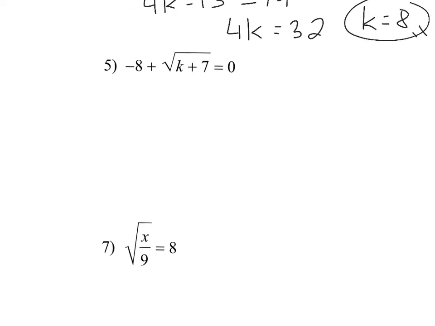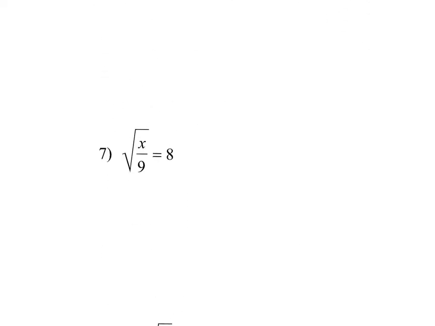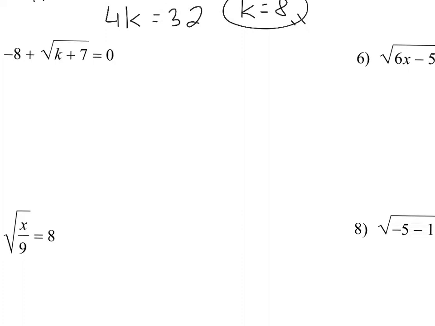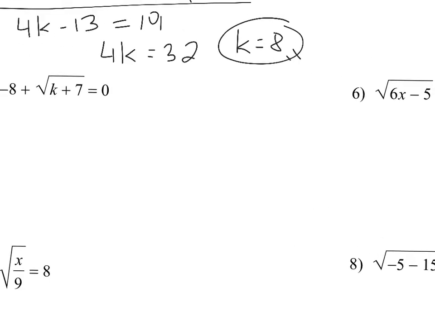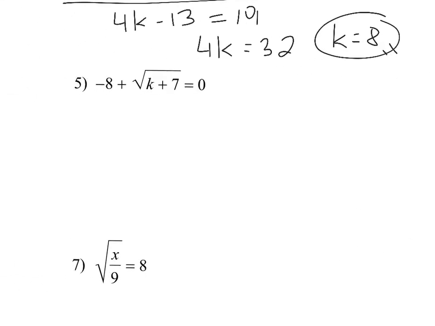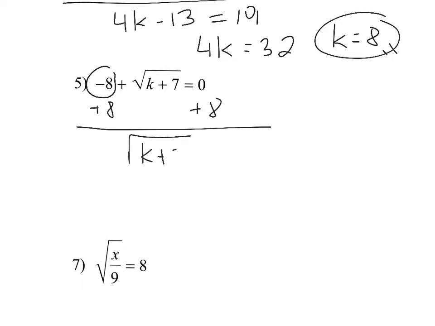Let me skip now to some more challenging questions. I want to do question number 5. Before you square both sides, you have to put negative 8 on the other side. So do plus 8, plus 8. So you get square root of k plus 7 is equal to 8.